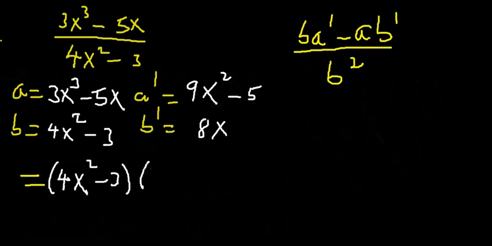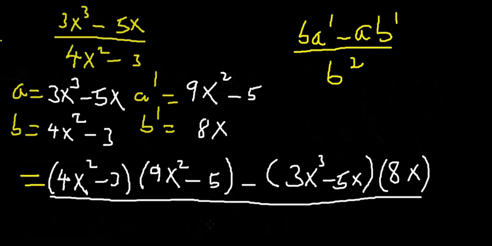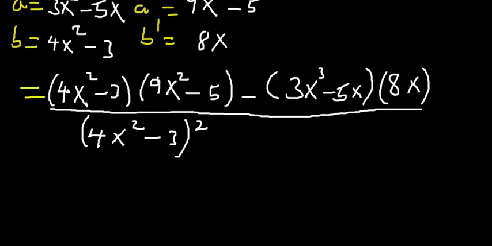So a prime is 9x squared minus 5, and then minus a, which is 3x cubed minus 5x, and then b prime is 8x, and then all over b squared, which is 4x squared minus 3 squared. So let's work out this.